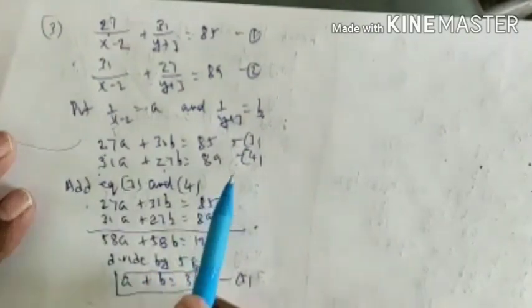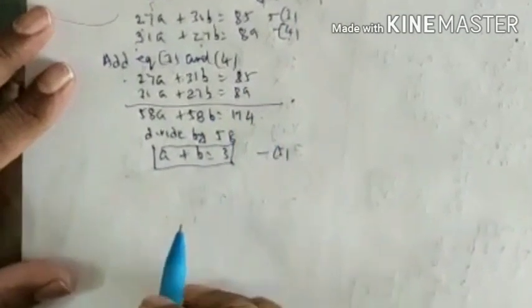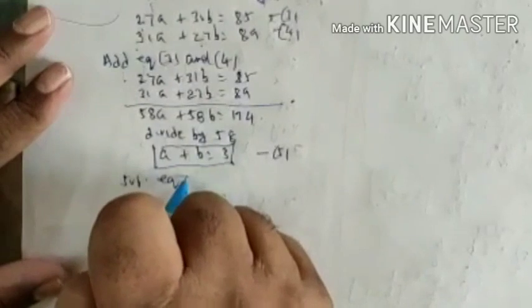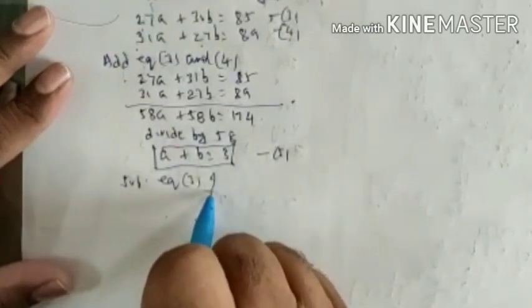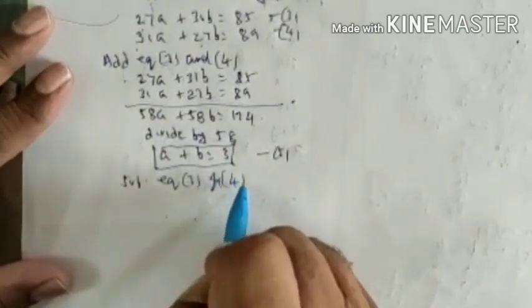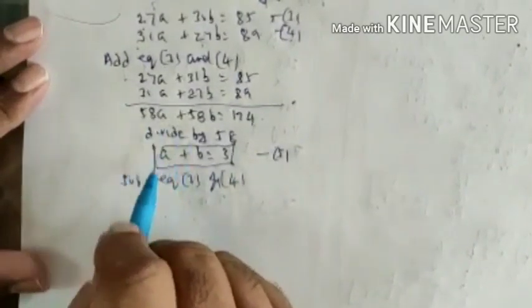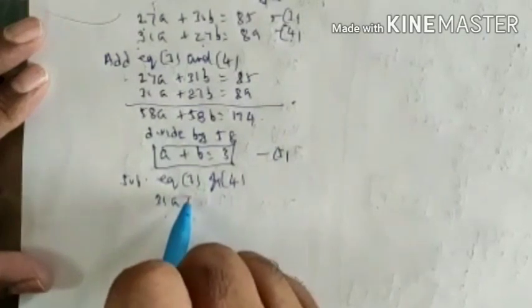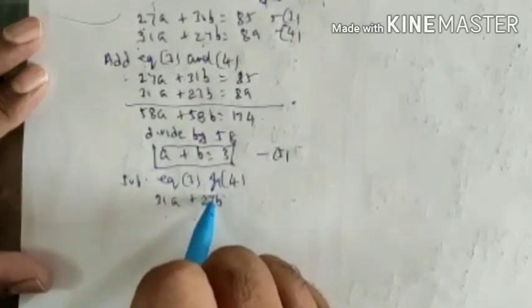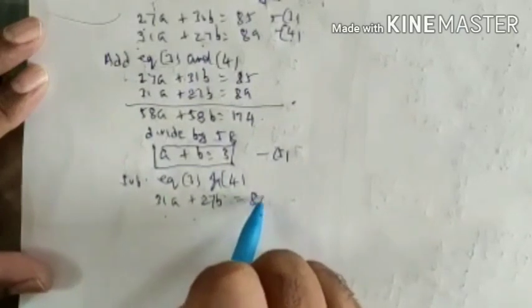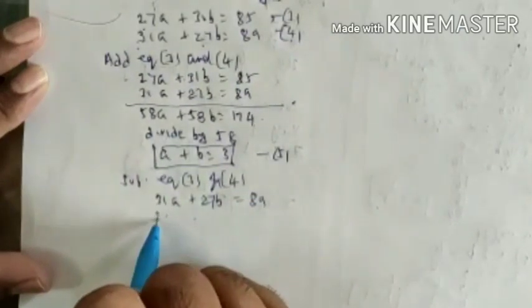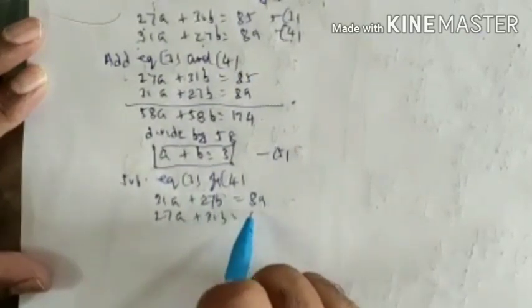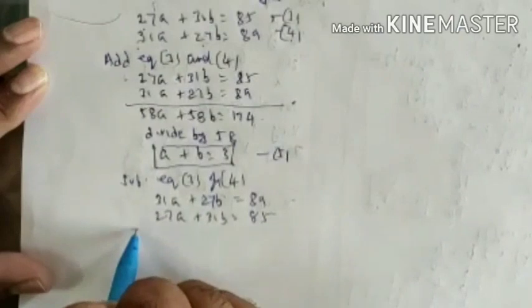Next step we shall subtract. Subtract equation 3 from equation 4. So what we get here? 31a plus 27b equal to 89, and 27a plus 31b equal to 85.